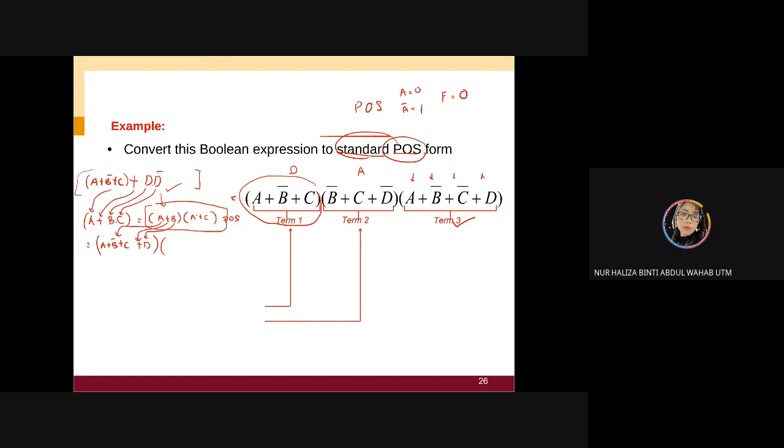There is another factorize which is A plus B bar plus C represented as my A, and then I add with my C. My C here will be my D bar. This is my answer.